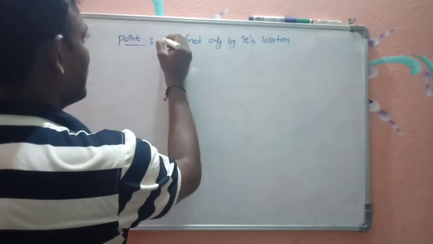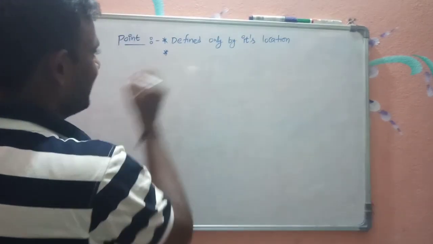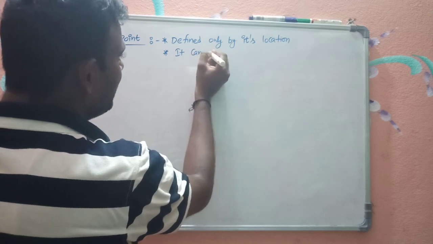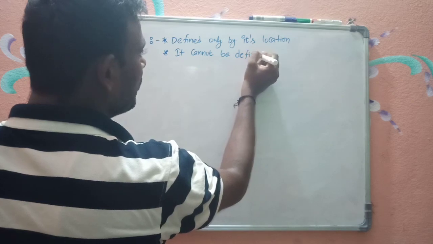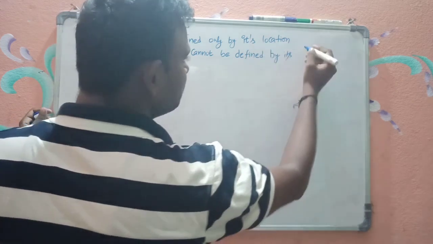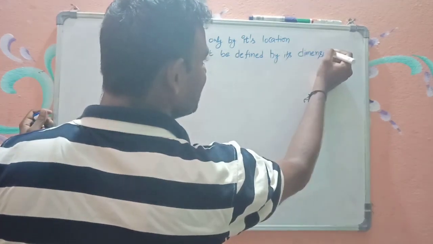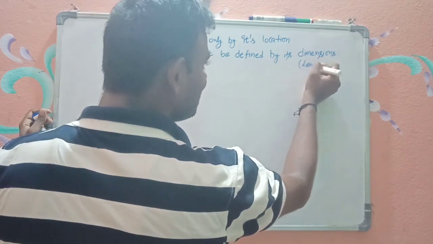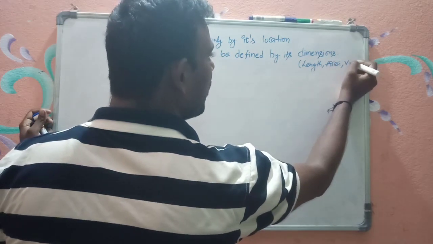It is a very important thing which we need to keep in our mind. And the second most important thing is that it cannot be defined by its dimensions. Dimensions means physical dimensions. What are the physical dimensions we have? We have the length, we have an area, we have a volume.